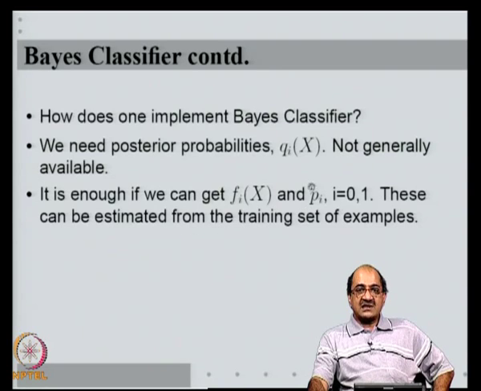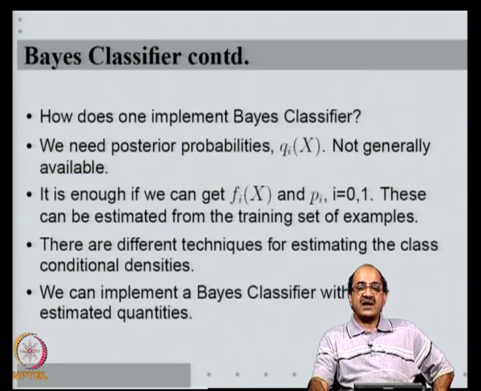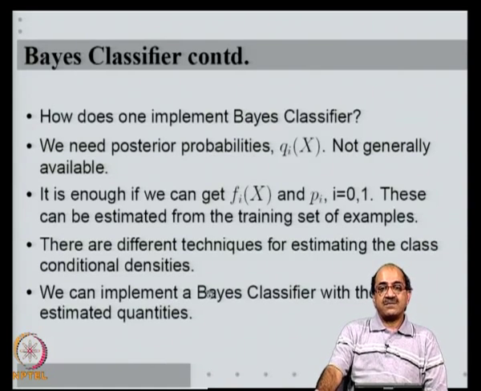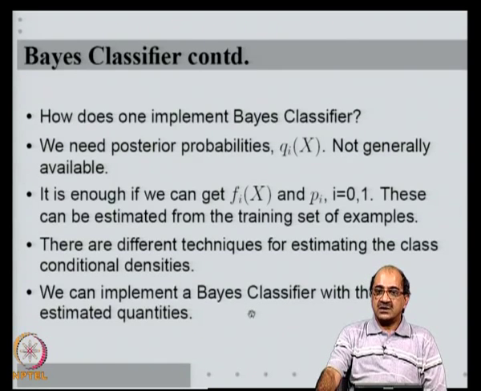Now, these class conditional densities and prior probabilities can be estimated from the training set of examples, and there are different techniques of estimating these class conditional densities, which we will consider later in the course, and then one can implement the Bayes classifier with the estimated quantities. One small caveat is that the Bayes classifier is optimal if I exactly know the posterior probabilities, but if I am implementing it with estimated posterior probabilities, obviously the optimality no longer holds, because there may be errors in estimation, and hence my classifier is not truly the Bayes classifier.